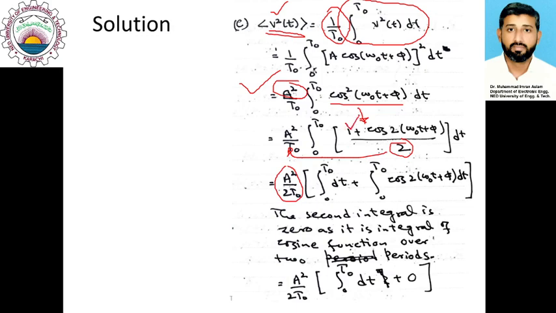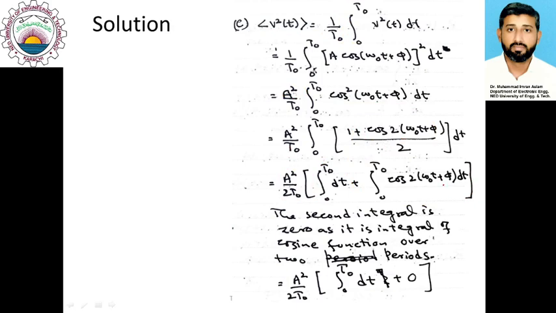You can see that there are two terms. The first term is 1, so this integral can be written as 0 to t naught dt, and the second term is this cosine function, 0 to t naught cos 2 omega naught t plus phi. You can see that the second function is the integral of this cosine function over its entire period.